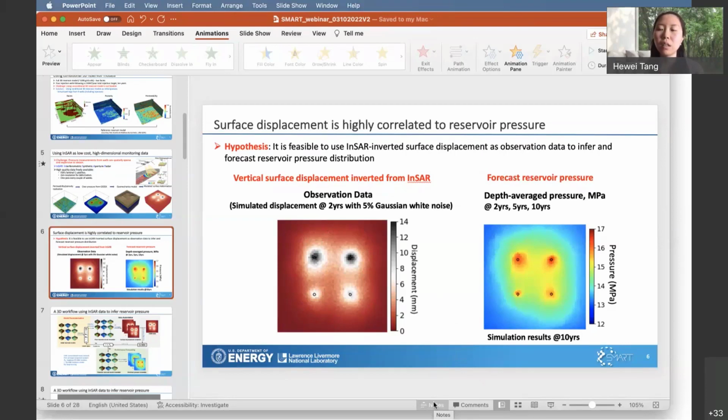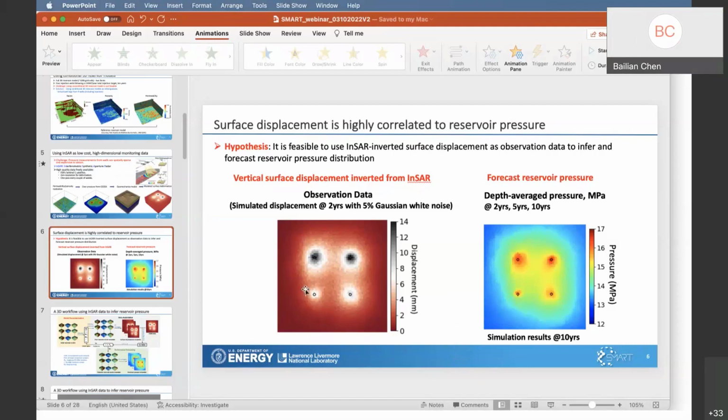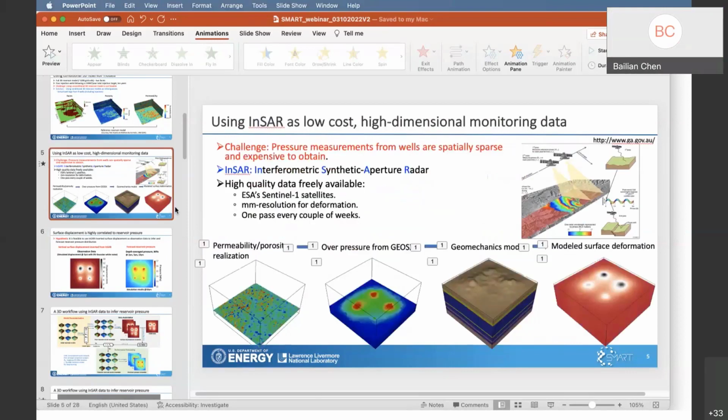So you have the surface displacement data, right? How can the pressure change be reflected by this surface displacement data? I'm just curious about this. It's mainly due to the physical process.